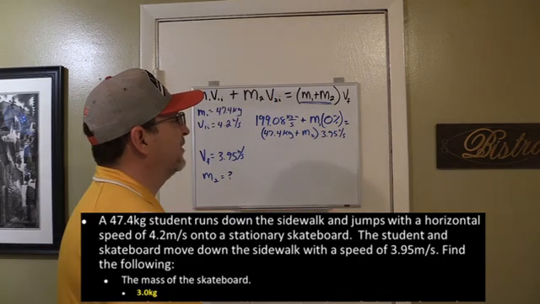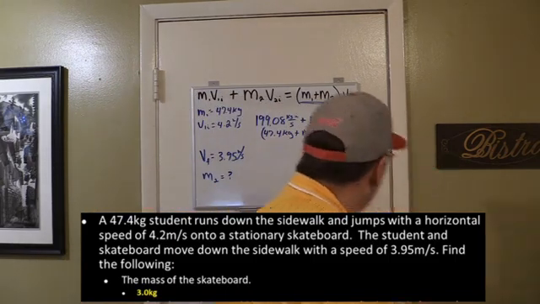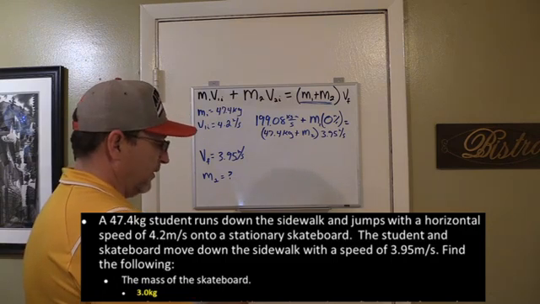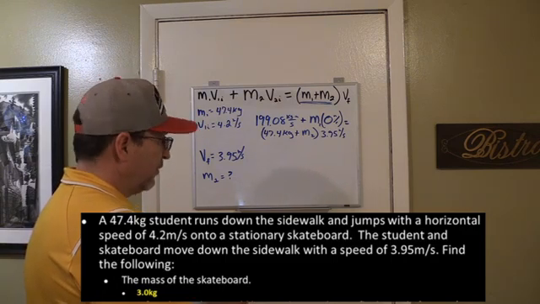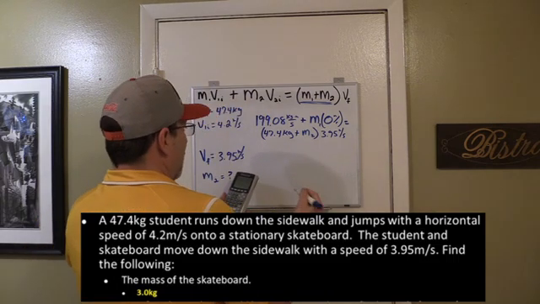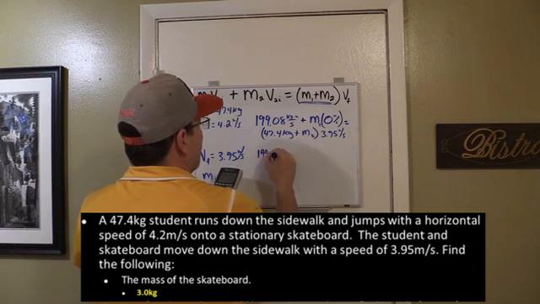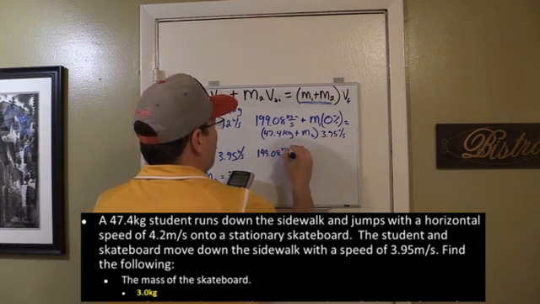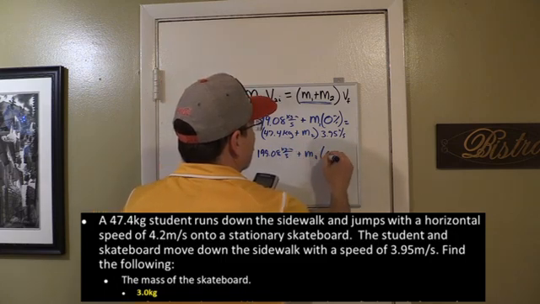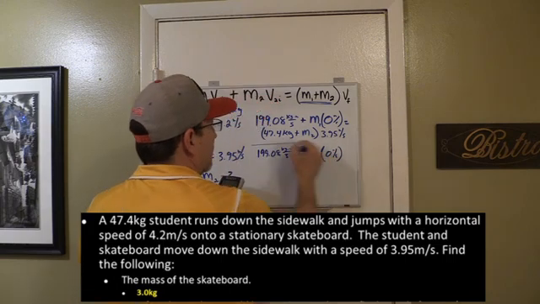What I'll do first is distribute this 3.95 through here. So I'm going to have 47.4 times 3.95, and that's going to give me 199.08 kilogram meters per second plus mass 2 times 0 meters per second.